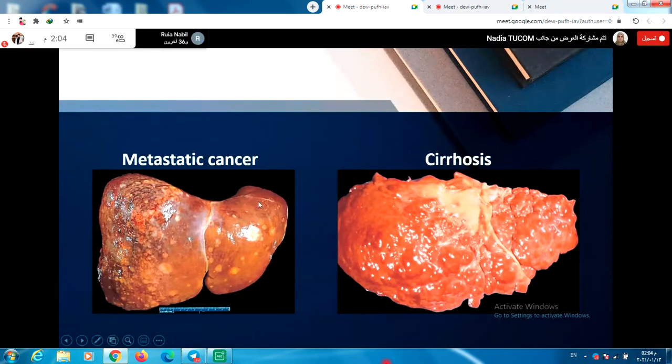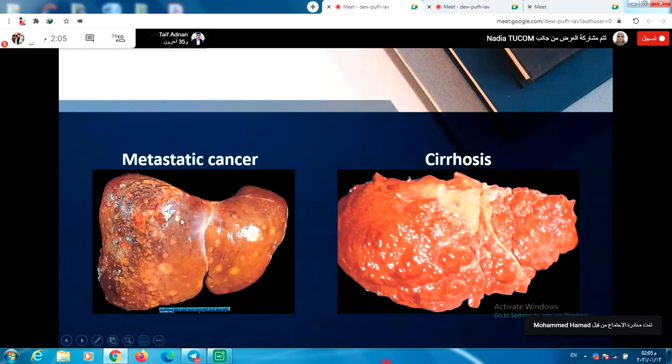So metastatic cancer grossly and by abdominal examination is seen here as a gross picture, even in the exam we might show it to you. This is the difference between metastatic cancer and cirrhotic liver.